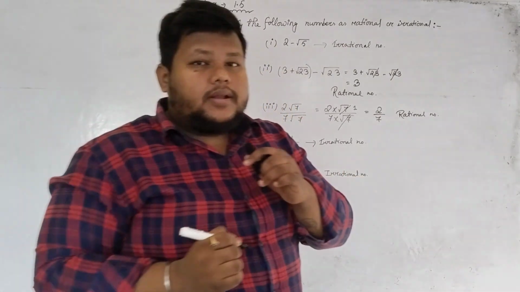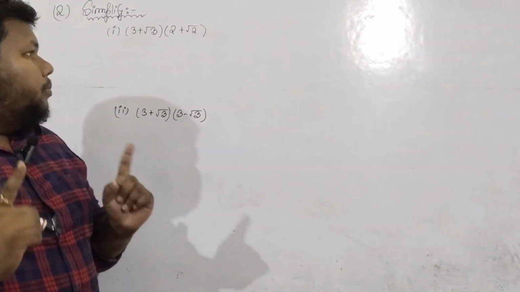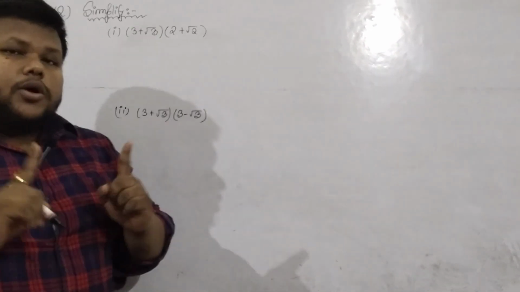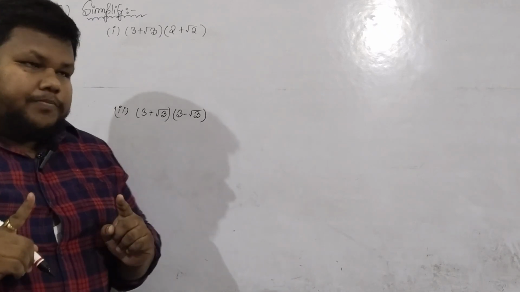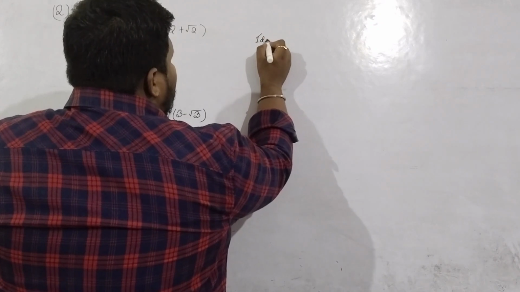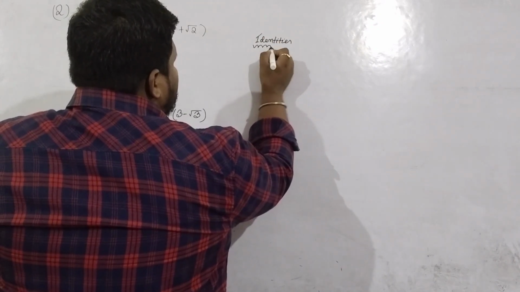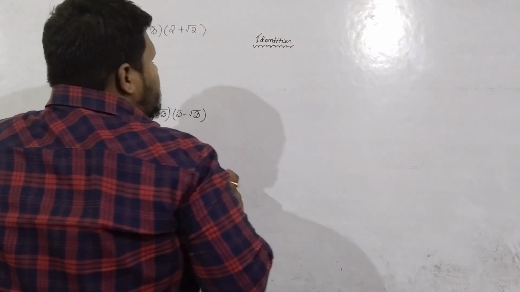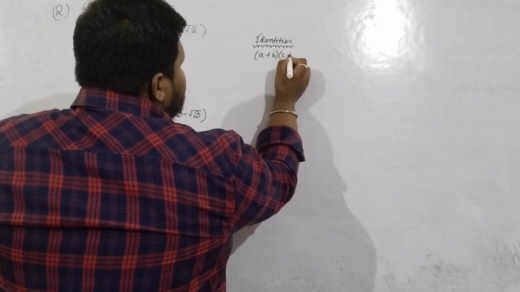Okay, let us move to the next question. Question number 2, simplify. But before doing this, I want you to recall some formulas that you have studied in class 8. Okay, so, their identities. First identity, a plus b into c plus d.